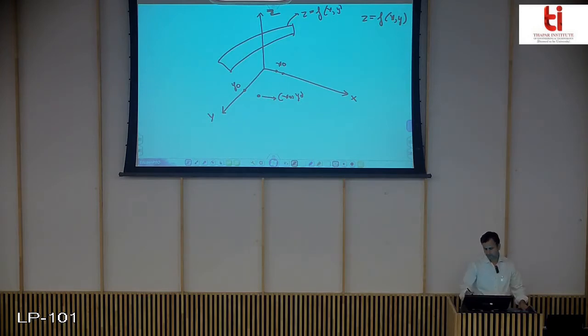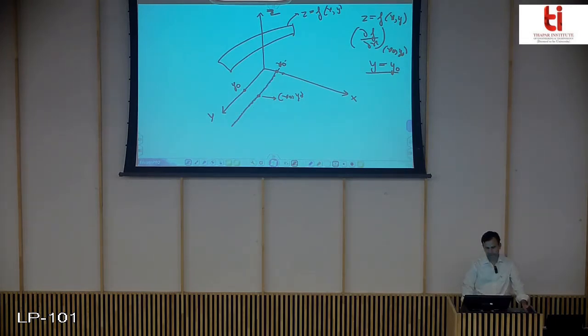Now, when we take the partial derivative of f with respect to x at point (x0, y0), we keep y equals y0 constant. So y equals y0 is a line that is going like this. Let me complete it.